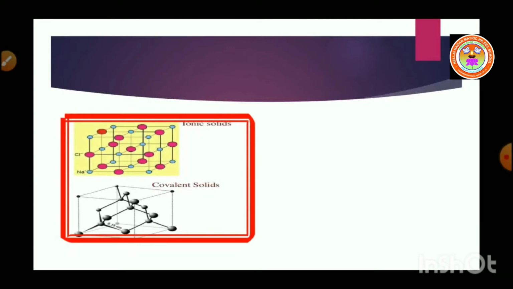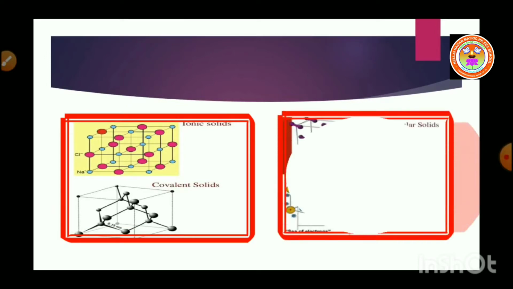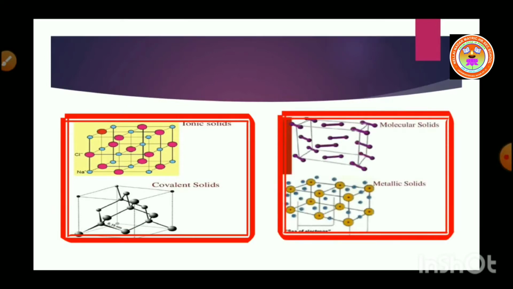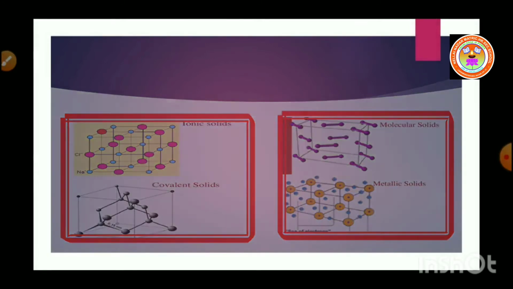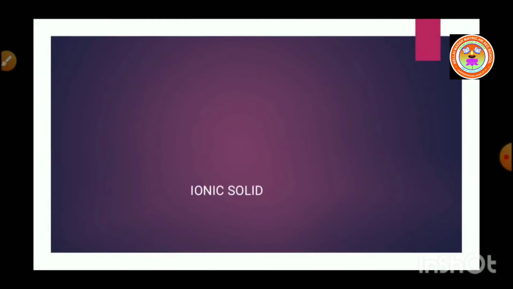See here, these pictures indicate ionic solid, covalent solid, molecular solids and metallic solids. The first one is ionic solids.